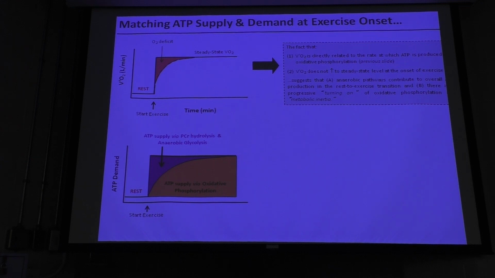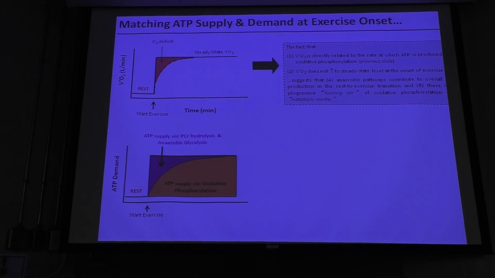Okay? So you can appreciate then that the oxygen deficit is an indication of how quickly oxidative phosphorylation turns on, and the corollary of that is how much we rely on the anaerobic or non-oxidative pathways to support ATP. If we have a big oxygen deficit, we have a big metabolic disturbance in the rest exercise transition, which could set the stage for earlier fatigue, right?